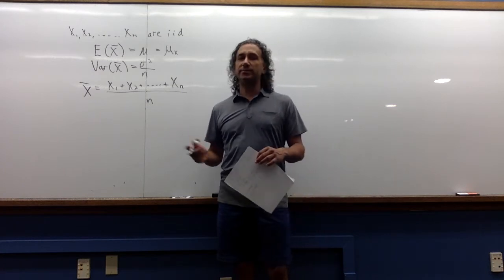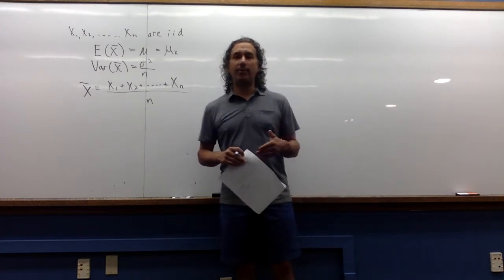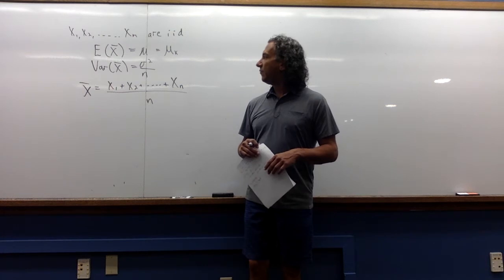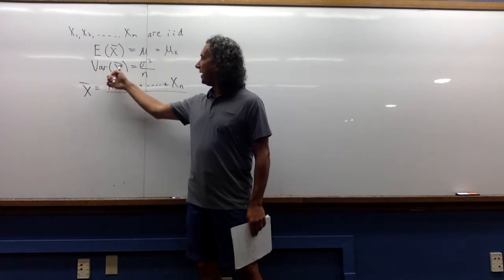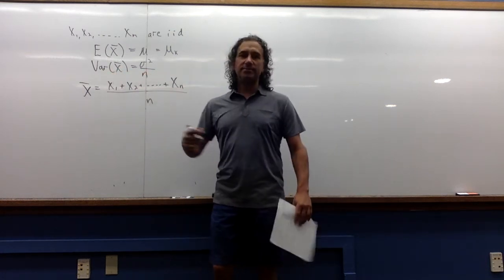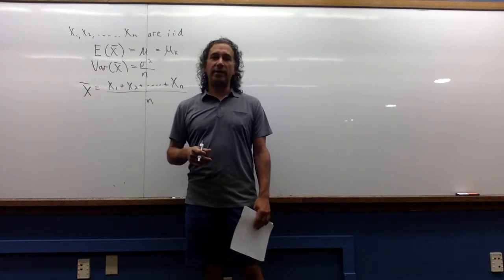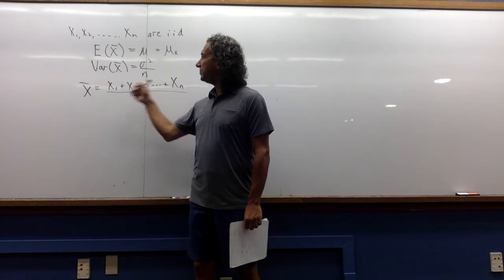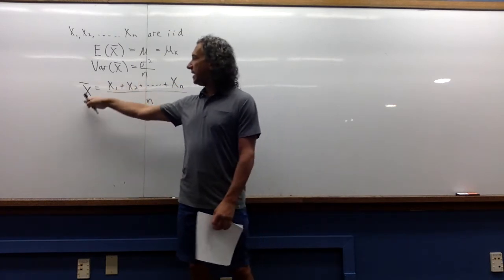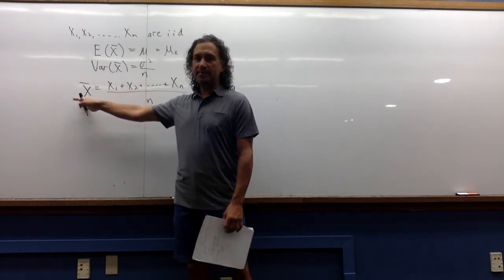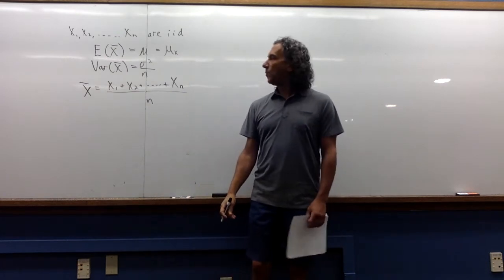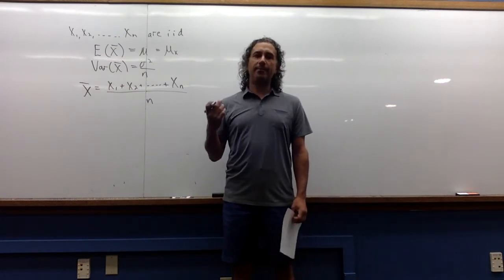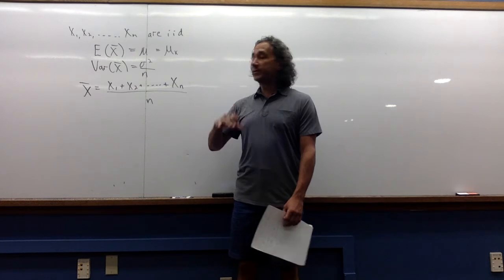Let's think about this in terms of a weight example. So the underlying weights of Western students have some sort of distribution at the individual level. And we want to sample n students at a time, compute the sample mean, and then create a graph of the results.